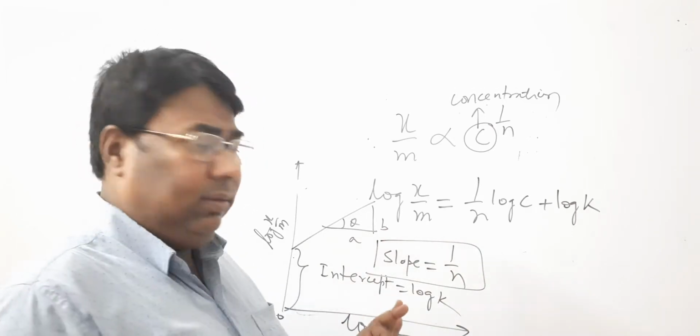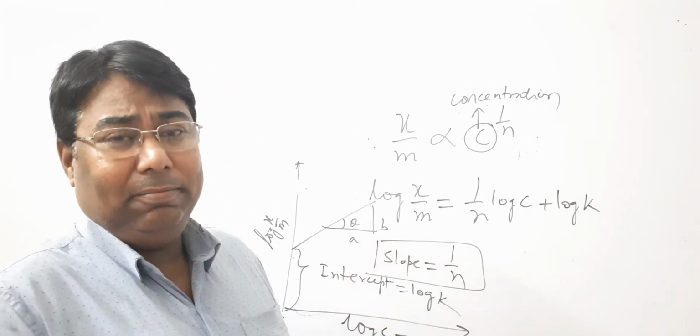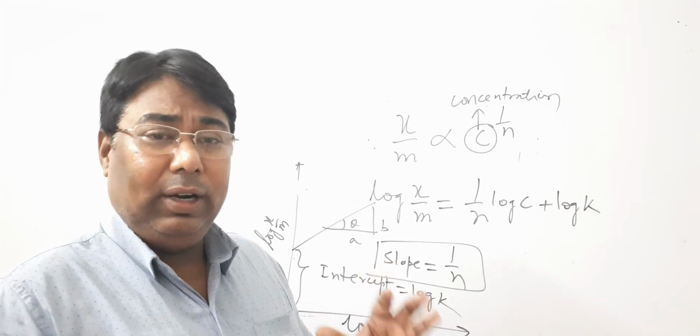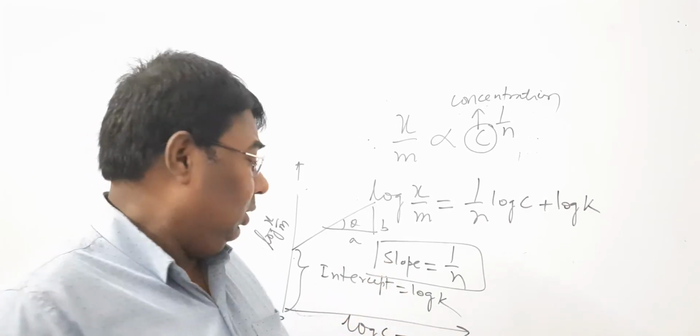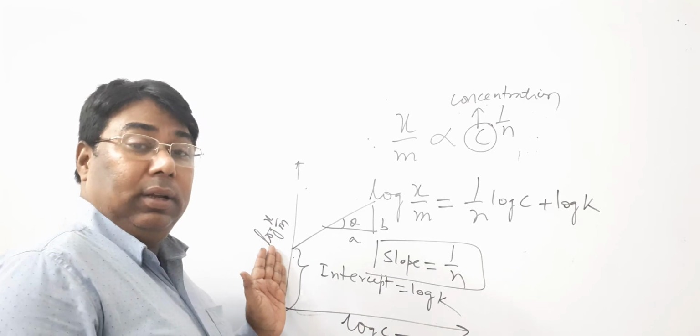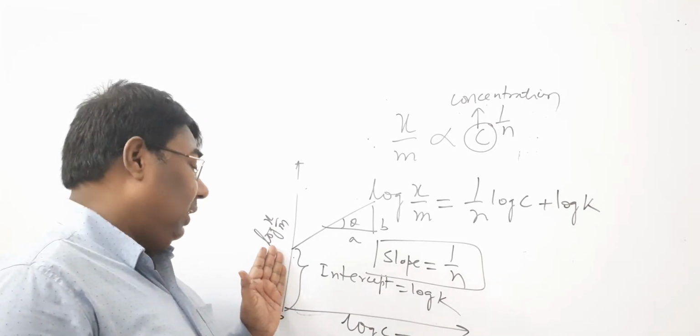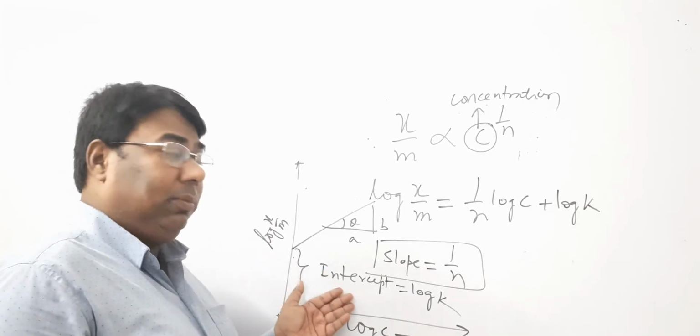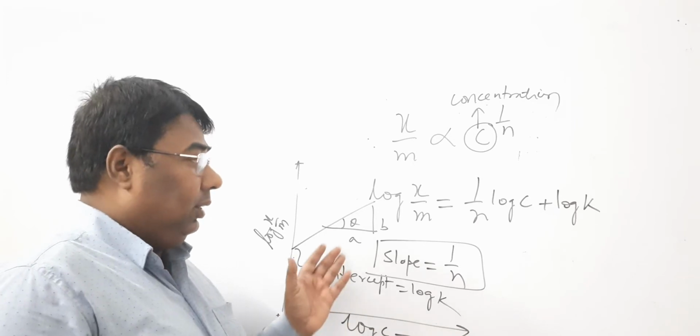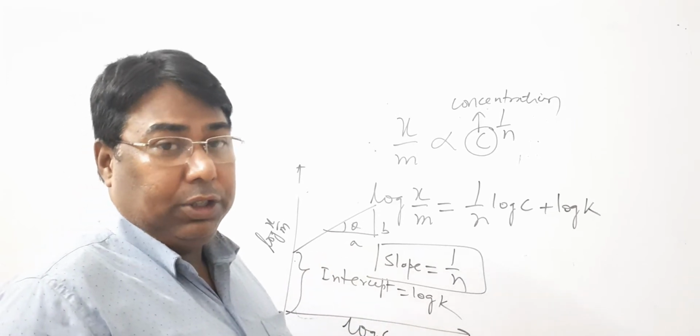So these graphs are the same as with the Freundlich adsorption isotherm. So here we establish the relationship between log x by m and log c. So an intercept graph is obtained, and this is a useful relationship.